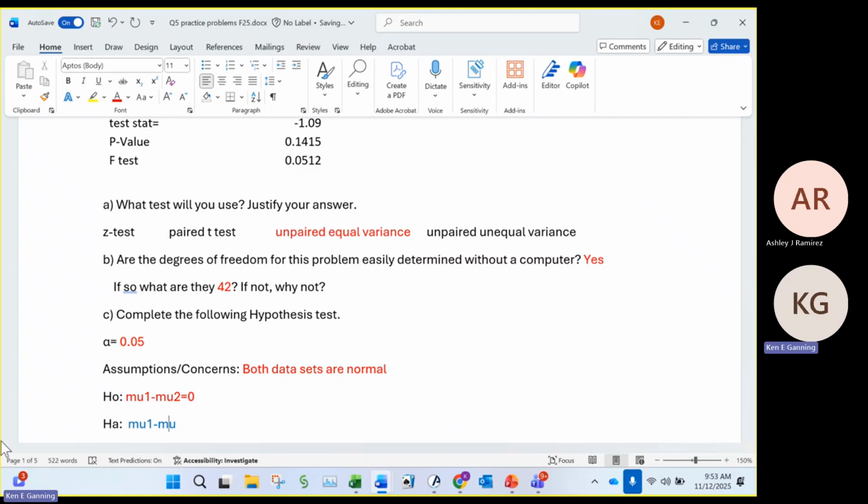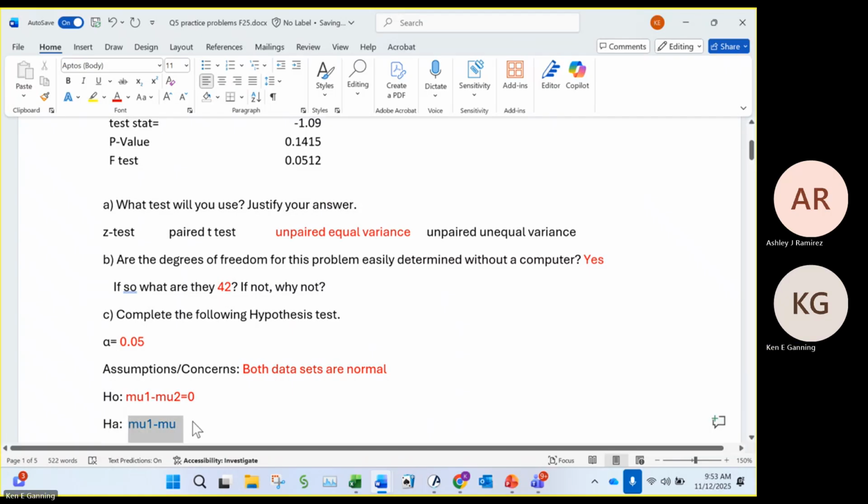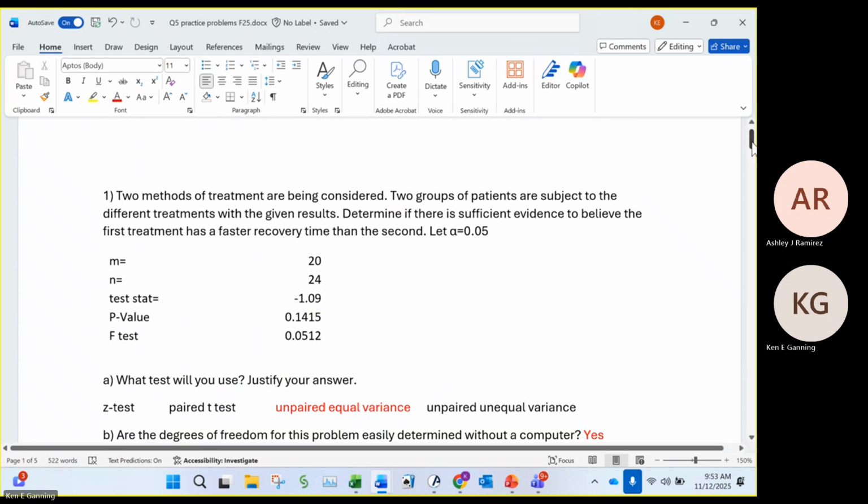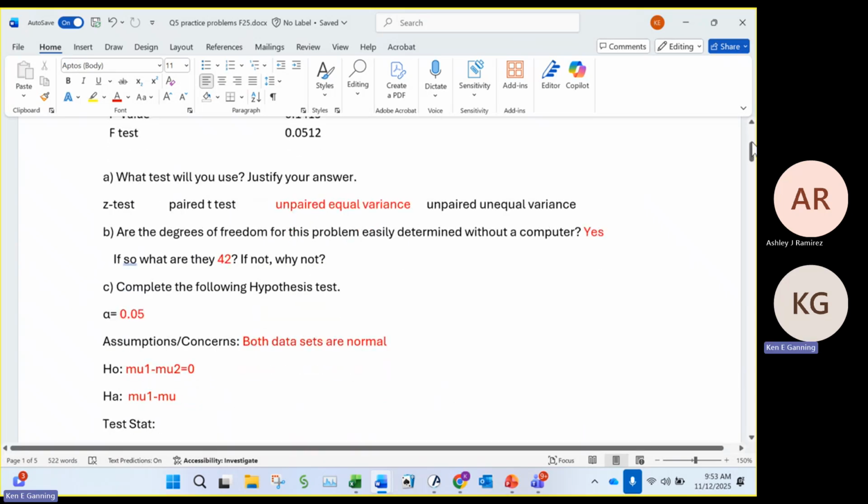I don't know why it's blue here, but okay. Greater than, less than, or not equal to. Is there sufficient evidence to believe the first treatment has a faster recovery time? Greater than, less than, or not equal to.